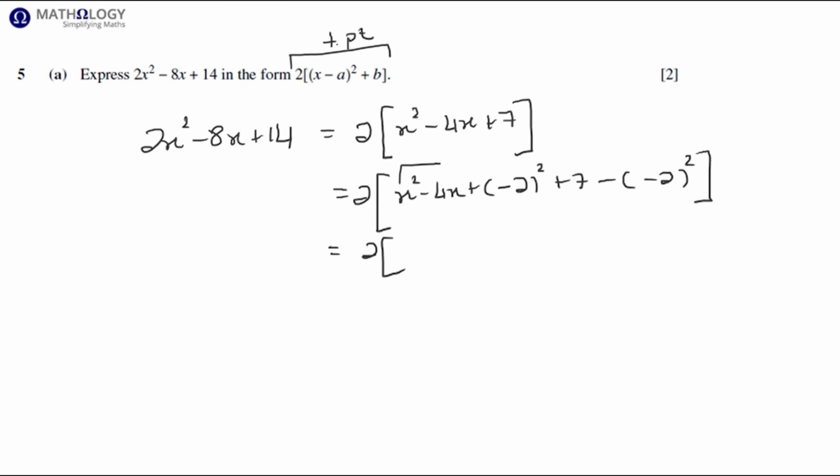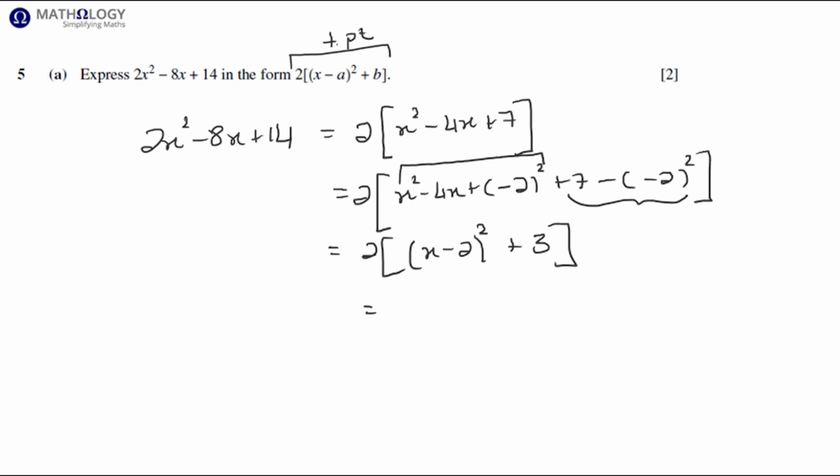And then the first 3 terms of that expression in the brackets form a perfect square trinomial, which is (x minus 2) all squared, and we can evaluate these terms here. Plus 7 minus (2) all squared, which is 4. So that's just going to be plus 3.